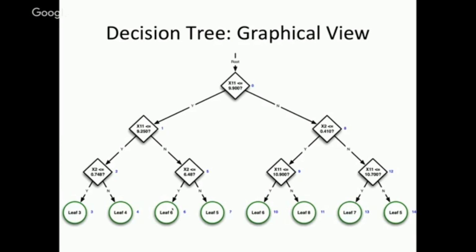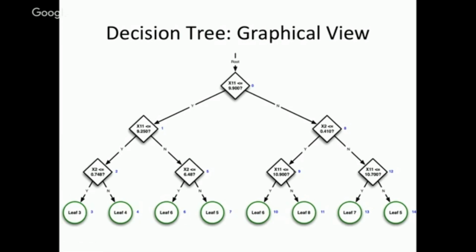But thing to note here is this particular tree was only built using 2 factors, and in all cases, the same factor appears multiple times through the tree. So, for instance, factor 11 appears here and here. So if we go down this branch, we end up asking 2 questions about factor 11. If we get on this branch, again, we end up asking 2 questions about factor 11. So we can repeat factors.